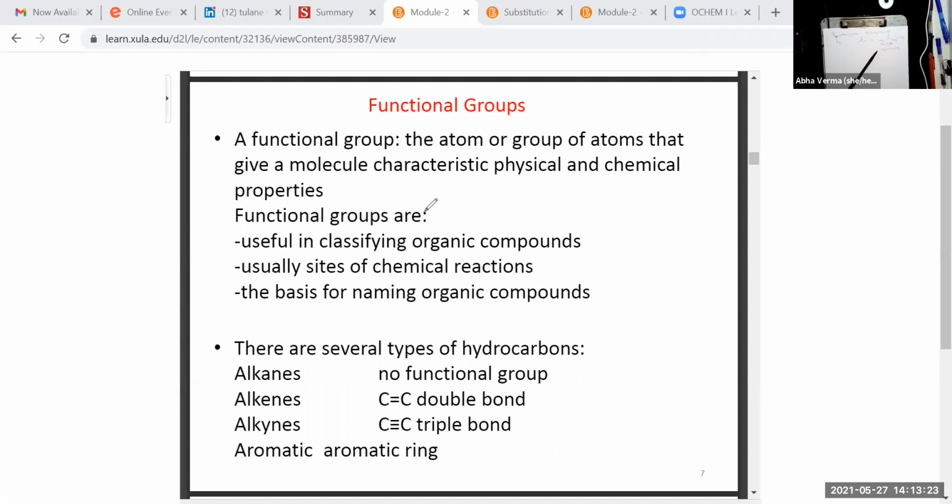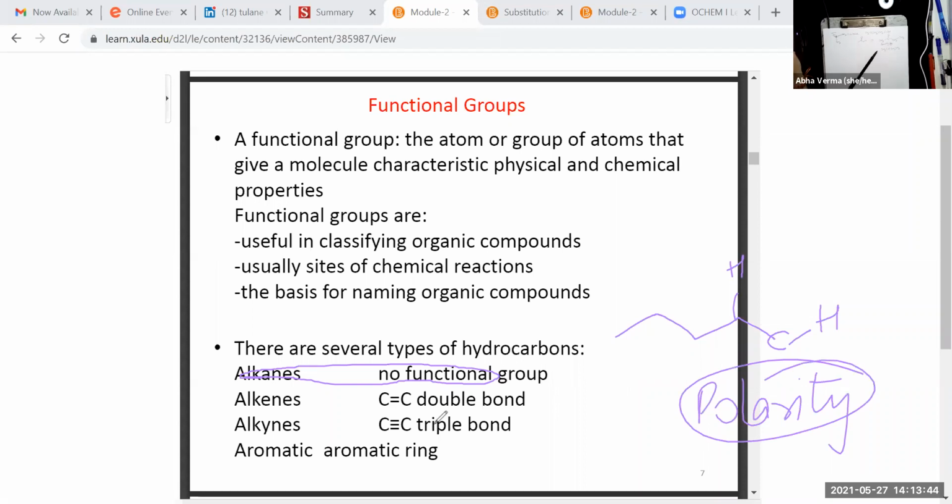Now we have already started to see the hydrocarbons. Now hydrocarbons, alkanes especially, are not considered functional groups. Why? To have a functional group, you must have an atom which is different or there is a polarity associated.